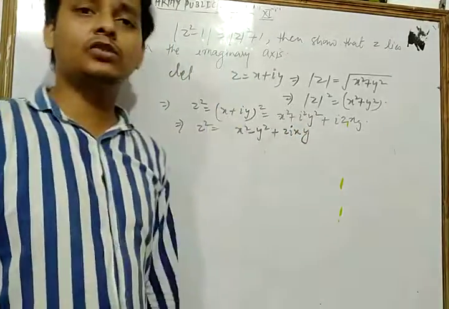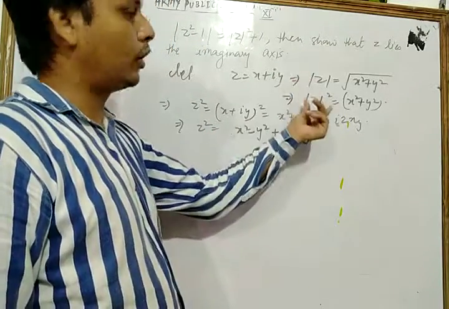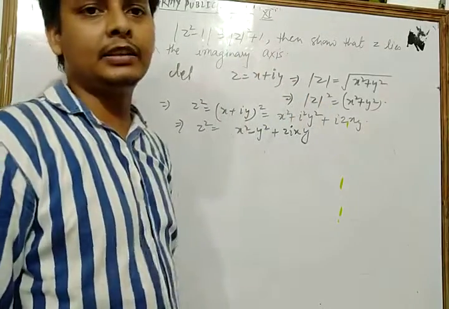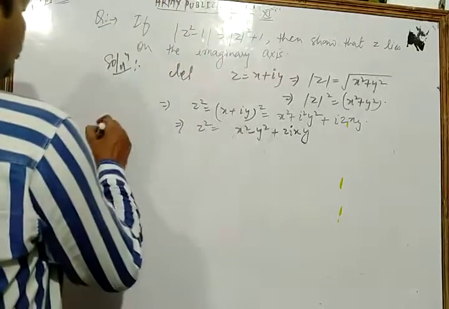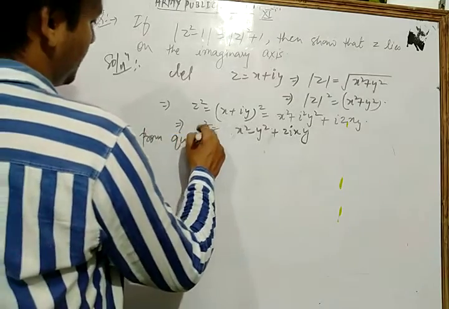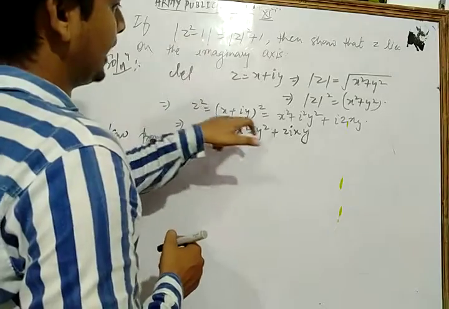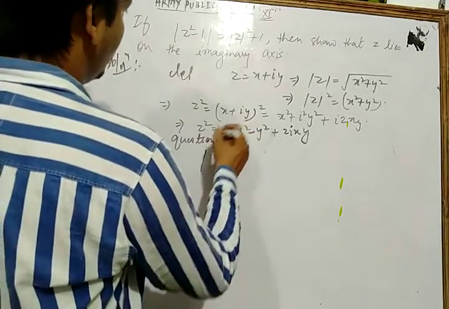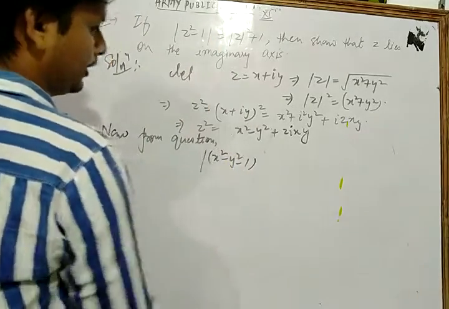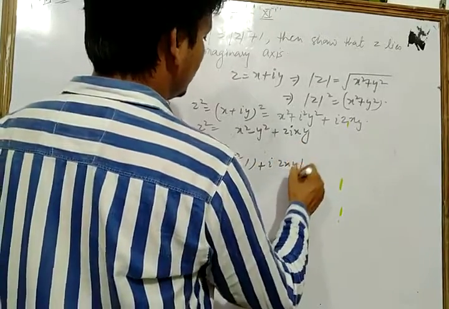Now, dear students, we take the question and put the value of z square and the value of square of mod z in that place. From the question, we put the value of z square, so we have mod of x square minus y square and minus 1 taken together with the real part, plus i into 2xy.